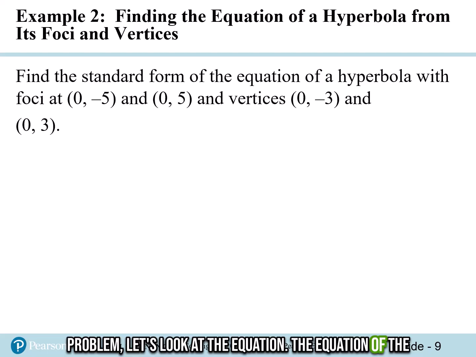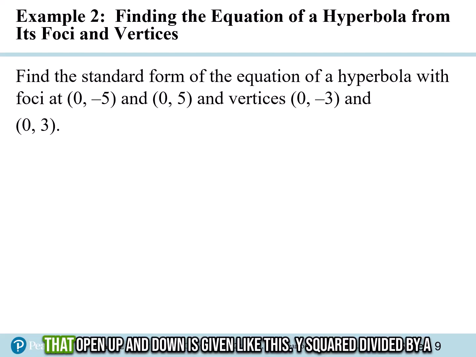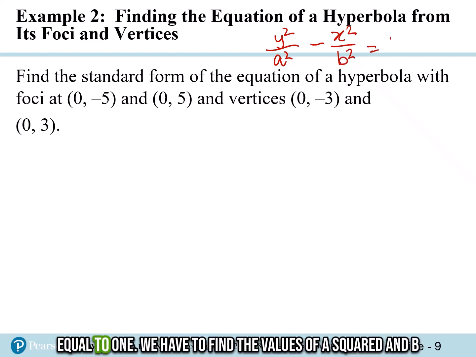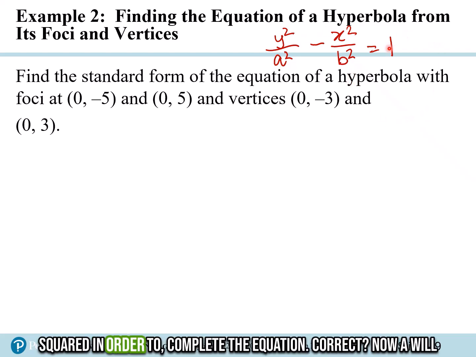The equation of the hyperbola that opens up and down is given like this: y squared divided by a squared minus x squared divided by b squared equal to 1. We have to find the values of a squared and b squared in order to complete the equation, correct?